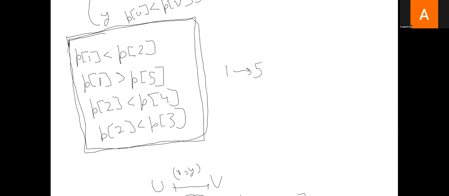Now I want P1 less than P2, so 2 and 1. I will want P of 2 less than P of 4. It means that this is 4 and this is your 2, because this will be greater. You want 2 less than 3 also. So yeah, this is the case.